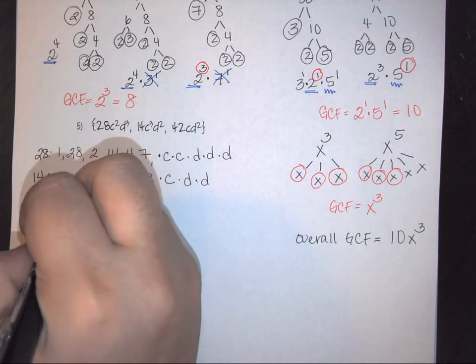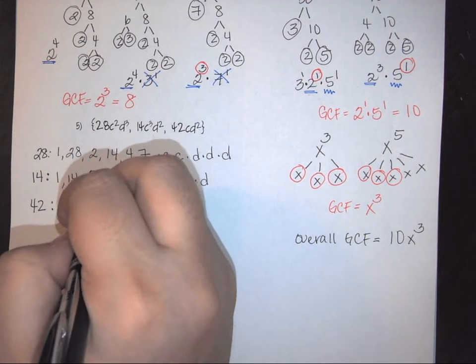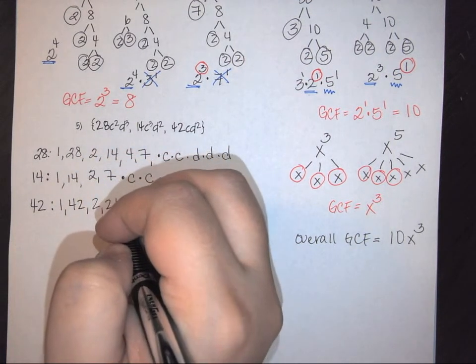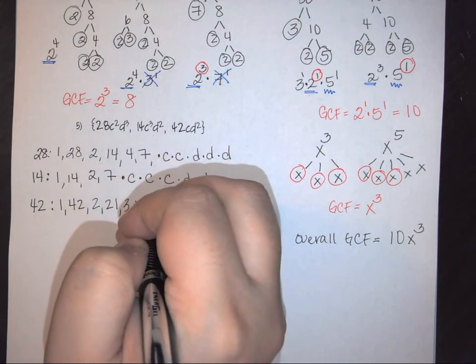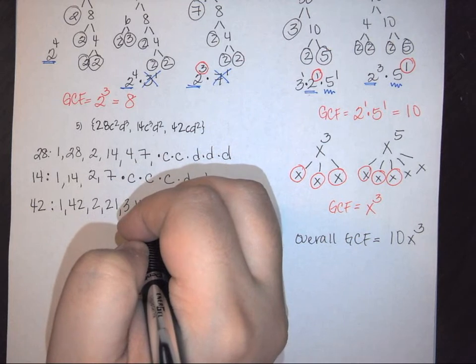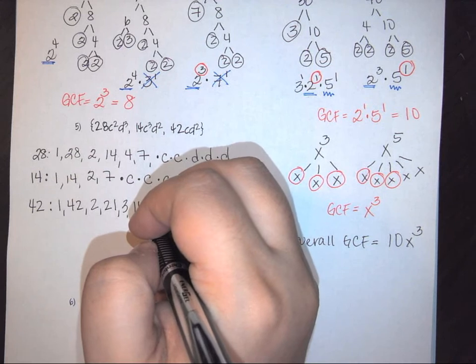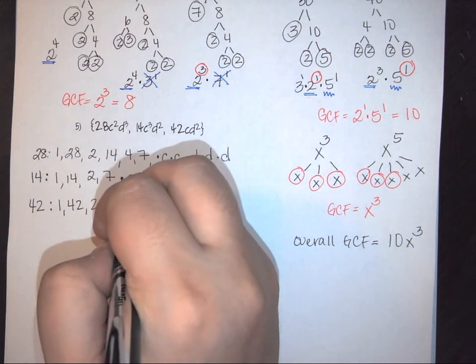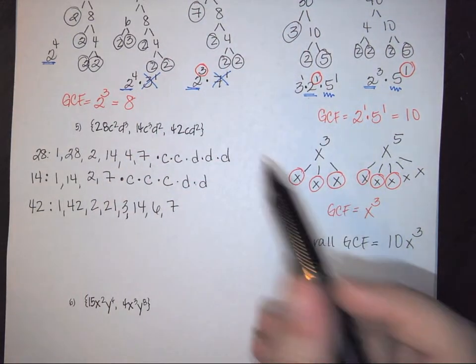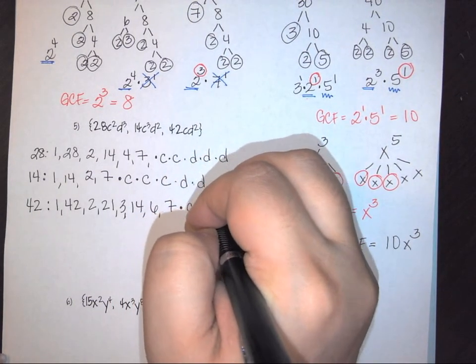So I'm going to have 1 and 42, 2 and 21, 3 and 14, 6 and 7, and then I have c, and I have 2 d's, d squared.